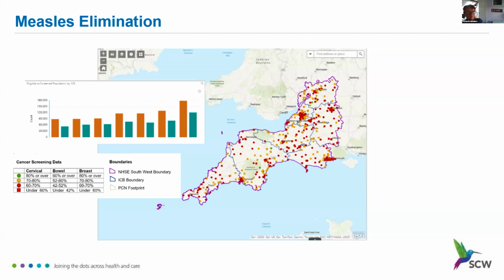And these little graphs are showing you the eligible population for different screening programmes by comparison with those screened for each of the 7 ICBs in the Southwest. So there's Cornwall, Devon, Somerset, Dorset, BSW, which is Bath and Swindon and Wiltshire, Bristol and South Gloucestershire, and Gloucestershire up here. So that's what happens.